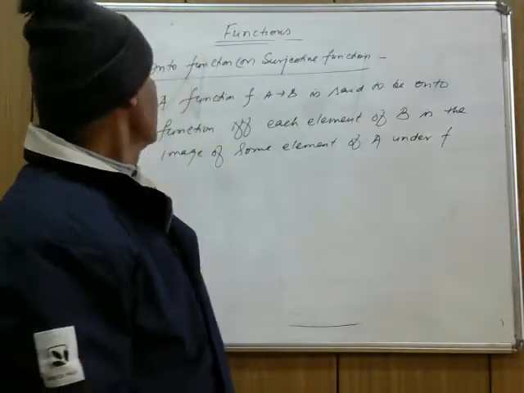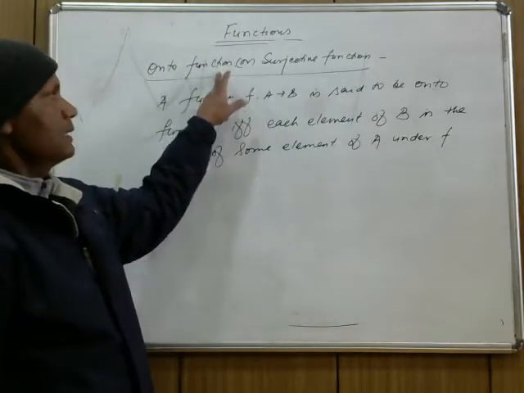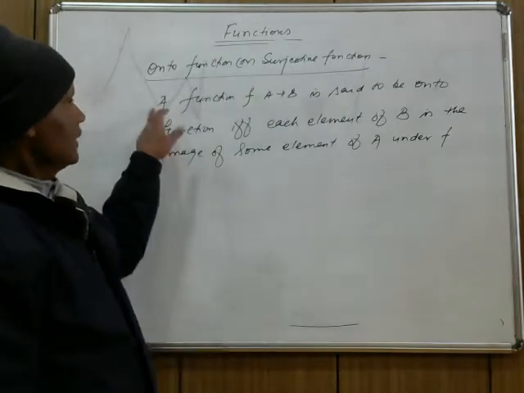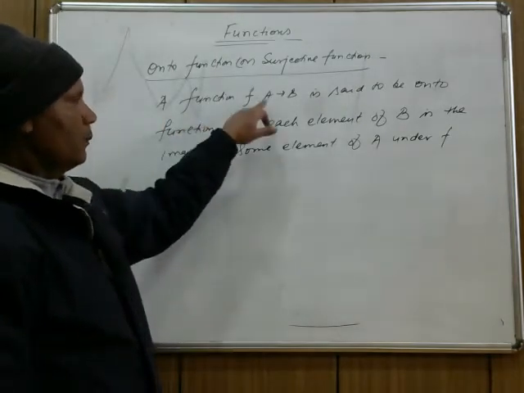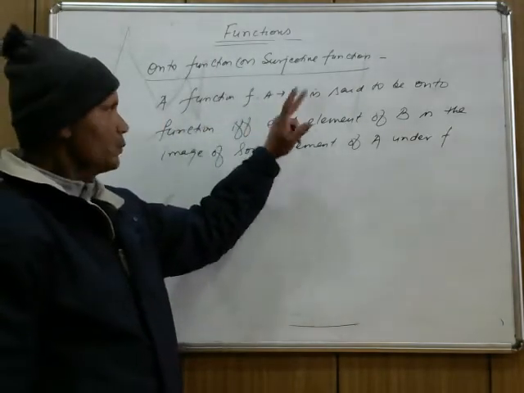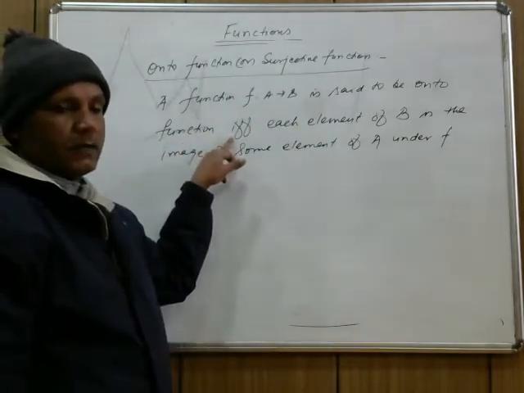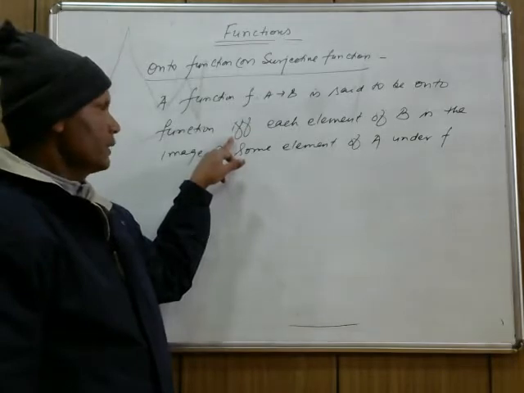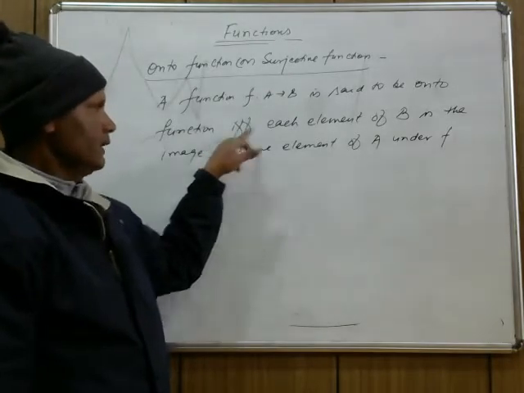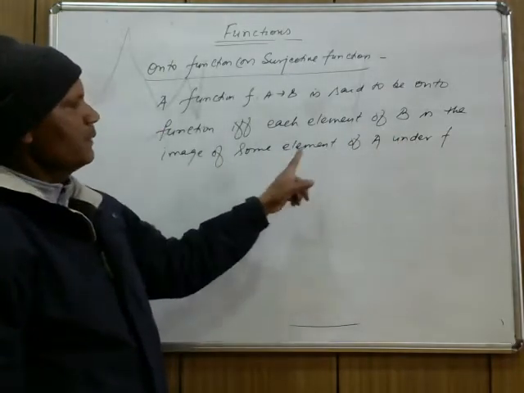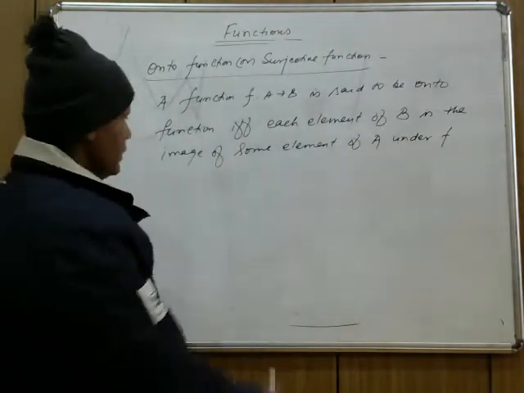Right. Now onto function, which has another name, that is called surjective function. A function f from A to B is said to be an onto function if and only if each element of B is the image of some element of A under f.